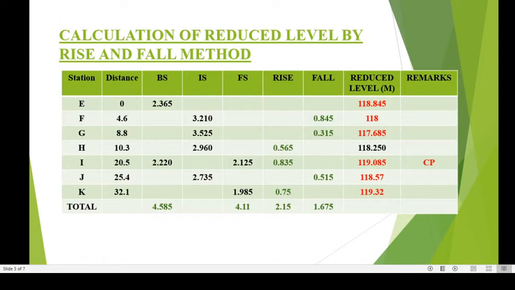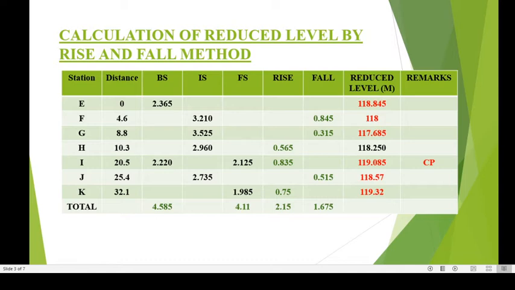We will get 118.57. Next, to calculate the reduced level of station K, we will add 0.75 to 118.57 and it will be 119.32. So the reduced levels of the stations I, J, K have been calculated.